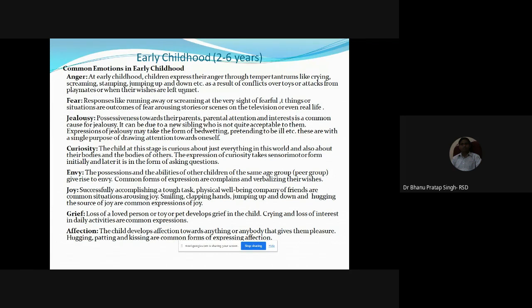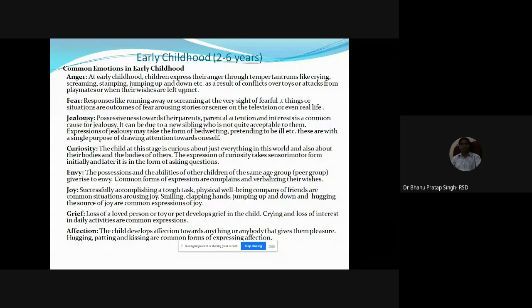Some situations that arouse fear come from listening to stories and watching different scenes on television, or even a haunted house, which are very common.